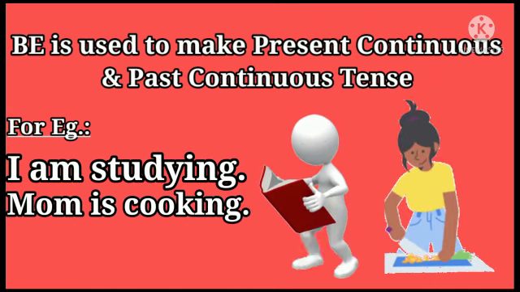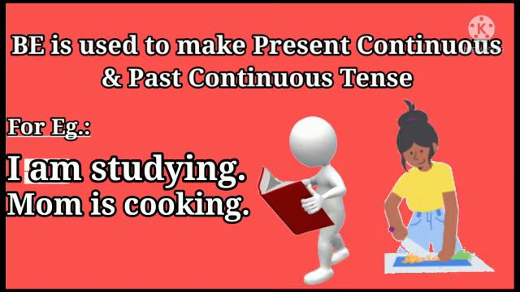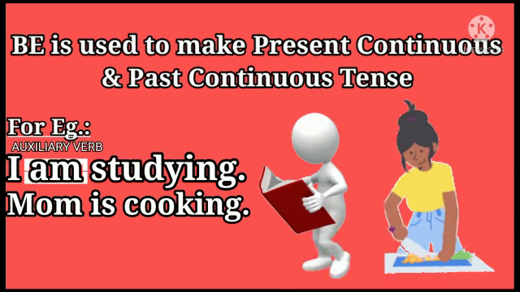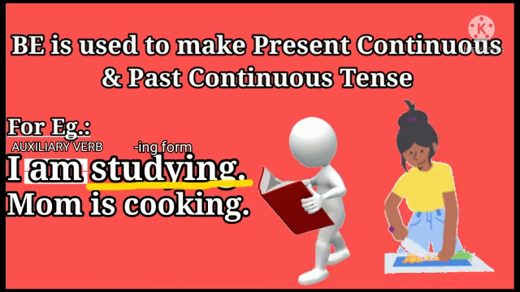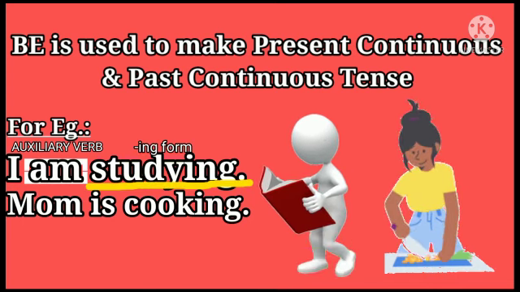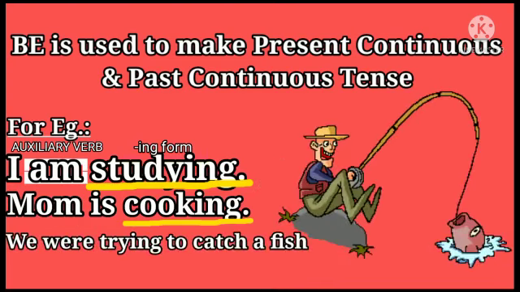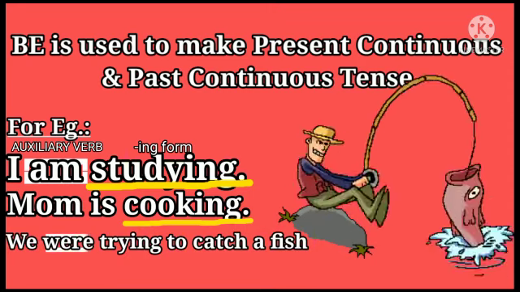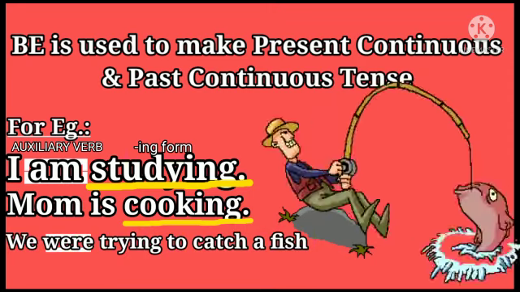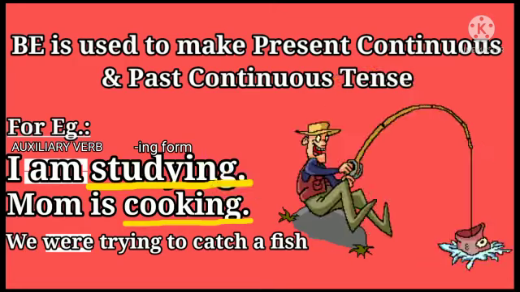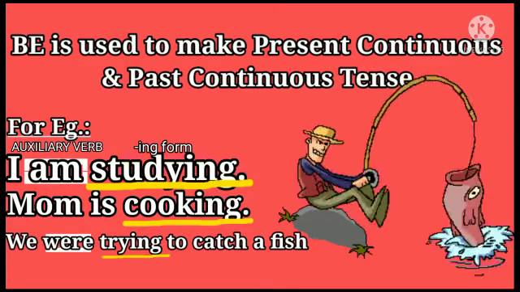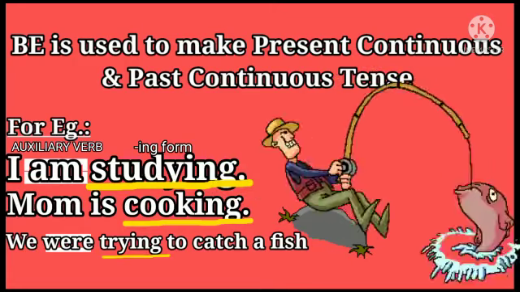In this sentence, am is auxiliary verb and study plus ing is the ing form of the sentence, that is continuous. Cook plus ing. Next example, we were trying to catch a fish. Were is be function of auxiliary verb. Try plus ing, continuous.